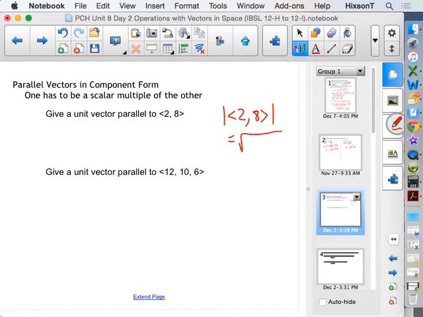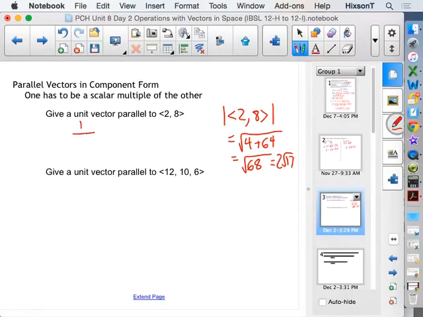You guys know this, square root of 4 plus 64, so it's a square root of 68. And that is 2 root 17. So then what do we do with that magnitude? Very good.